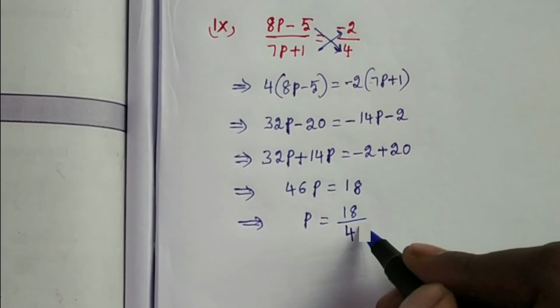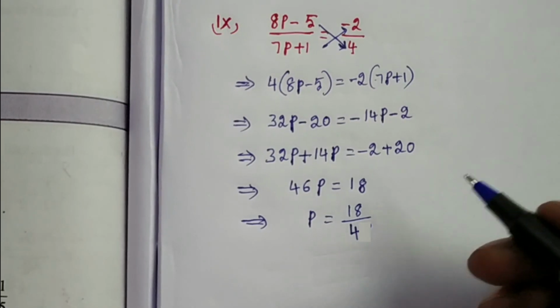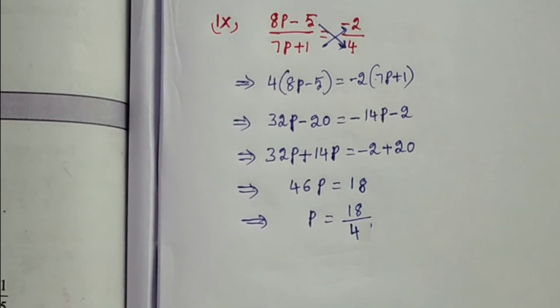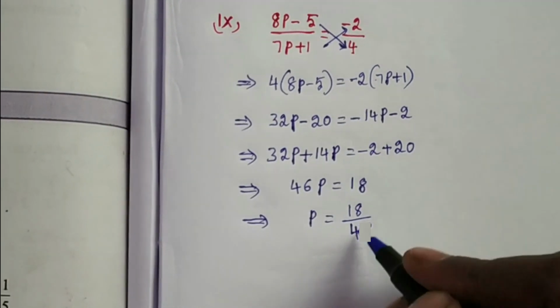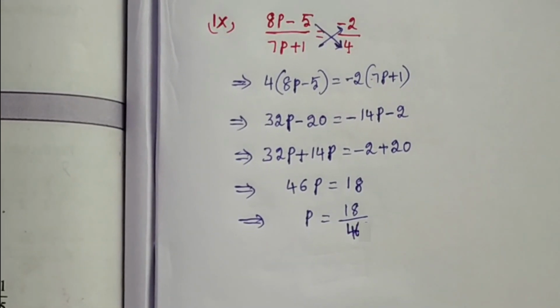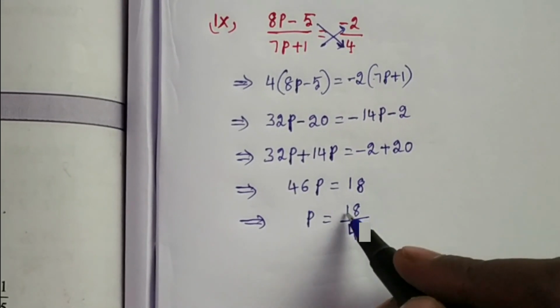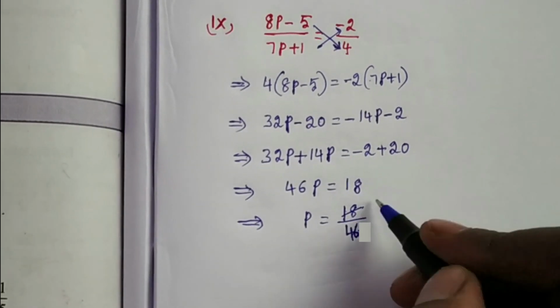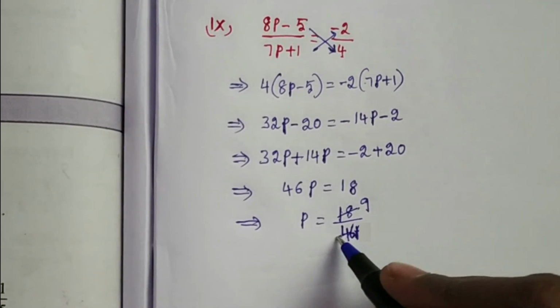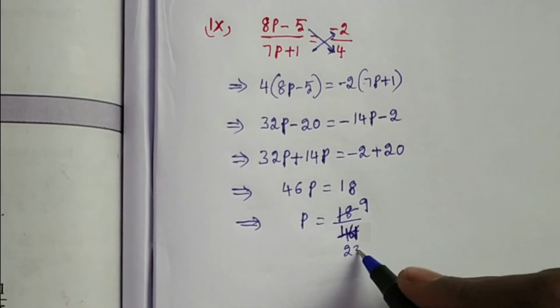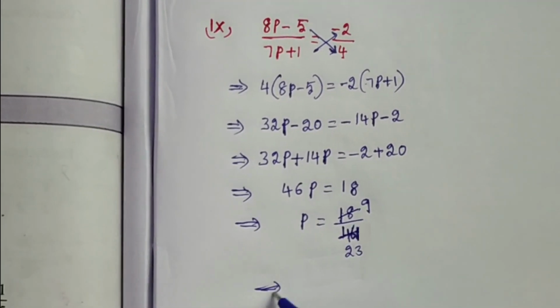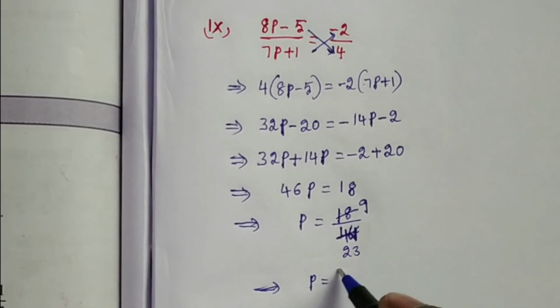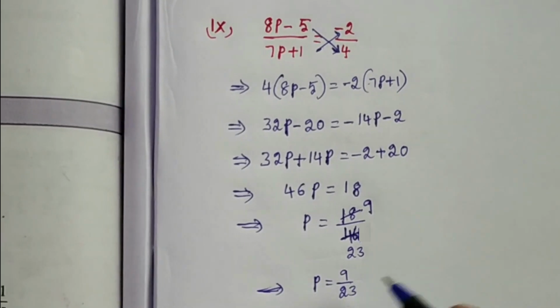So p is equal to 18 by 46. Here both numbers are even numbers, so cancel by 2 table. 2 in 18, 9 times will cancel. In 46, 23 times will cancel. So that implies p is equal to 9 by 23.